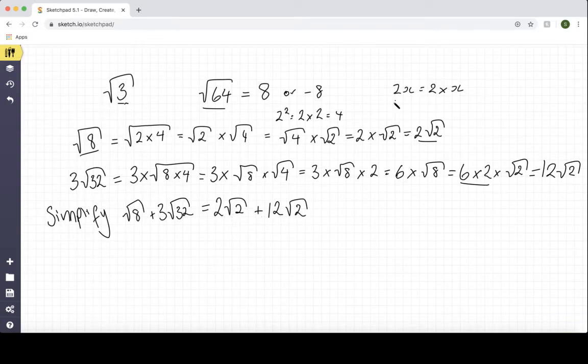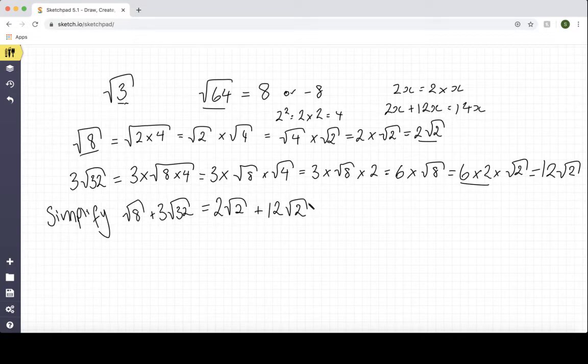Just as in algebra, if you had 2x plus 12x, this is equal to 14x. If you haven't done this, don't worry, I will do a video on algebra, but if you have, then you know this. If you haven't, just take my word for it: 2x plus 12x is equal to 14x.